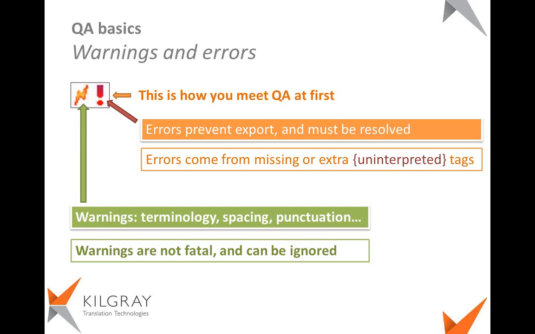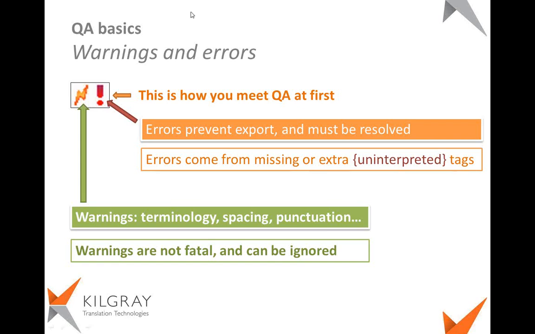There's one more concept I need to familiarize you with before we move to the details, and this is warnings and errors. Most probably, when you start using MemoQ, you meet the QA module when it gives you a warning as you confirm a segment.